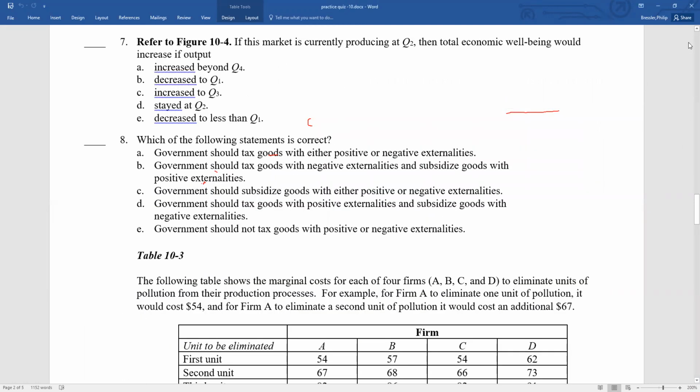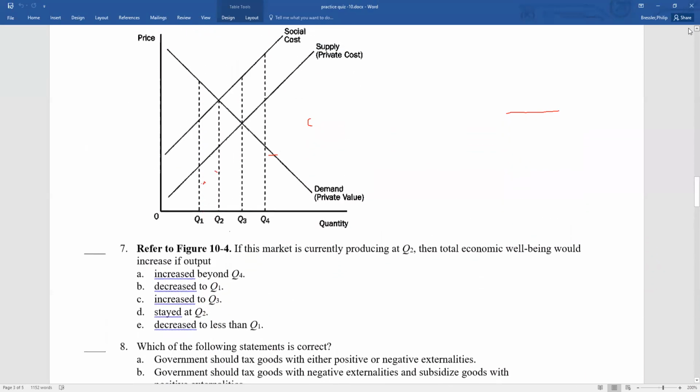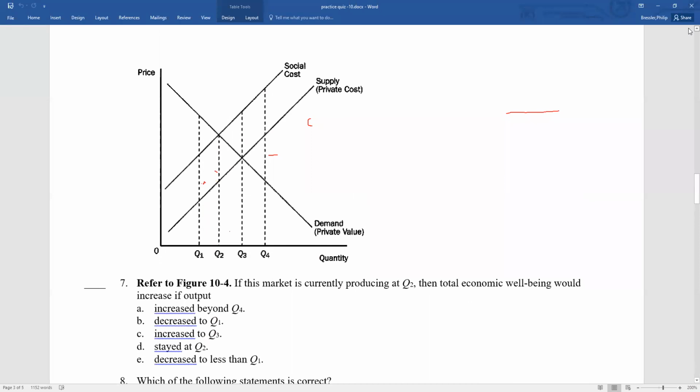All right, here comes question 7, but I got to get the graph in there. All right. Another graph. All right, I'm going from private to social cost. Okay, I know it's a negative externality. I know in a negative externality, they overproduce.